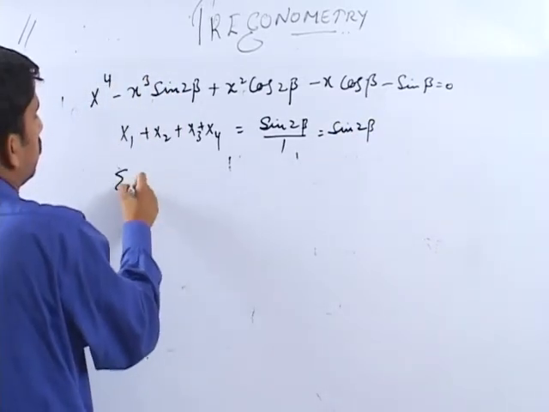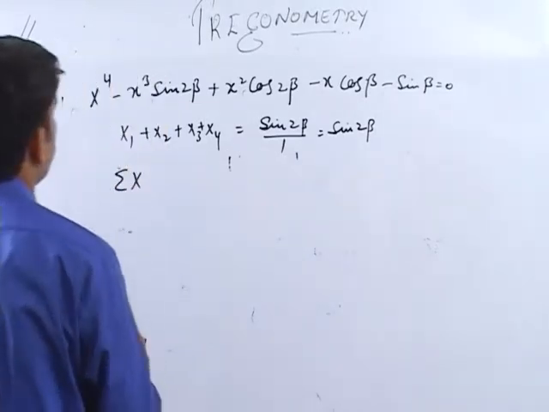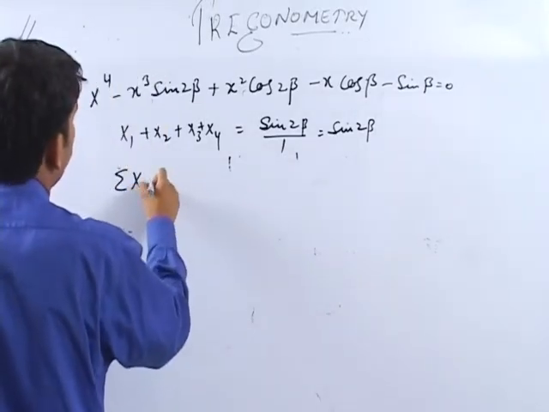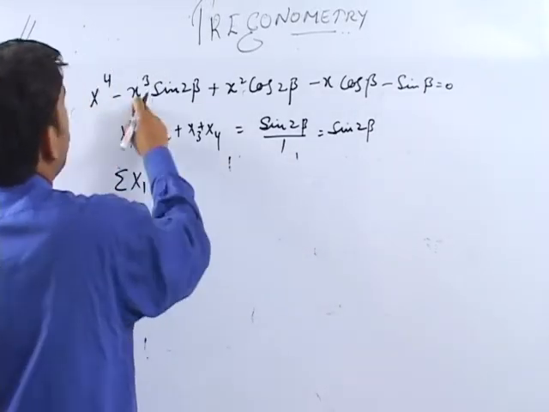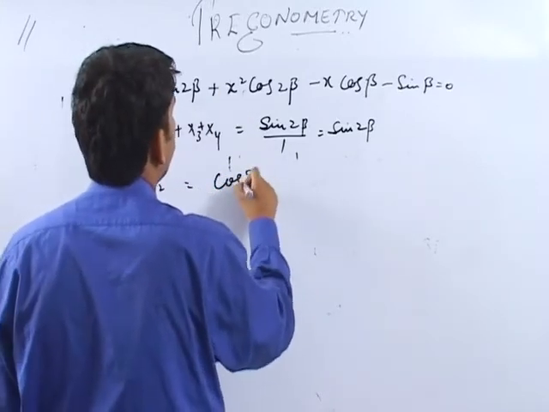Now the product of the roots taking 2 at a time, summation of x1 x2, with signs plus minus plus, will be equal to cos of 2 beta.